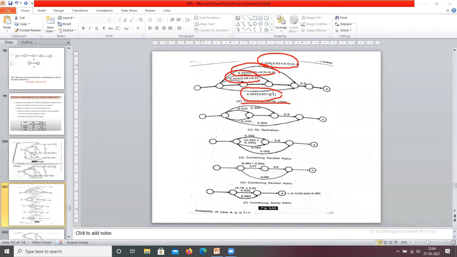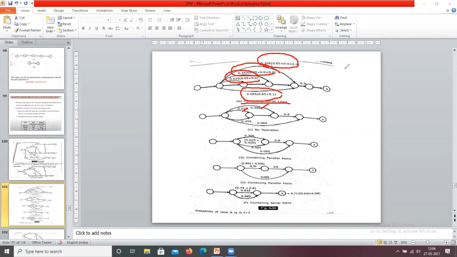Okay. So next, no operation is there. Then these are the probability values, 0.025, 0.306, 0.459, 0.085, and combining parallel paths.